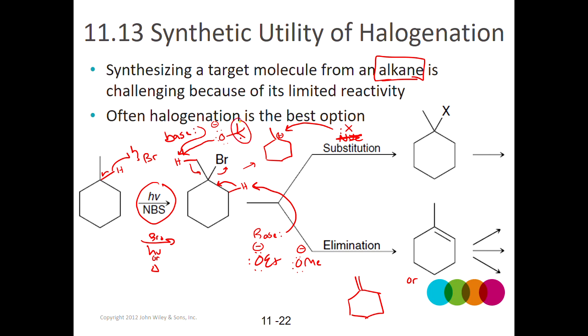Right, that tert-butyl group's too bulky to come in anywhere other than the most sterically available or less crowded site, at least for the majority of the product that would form that way.